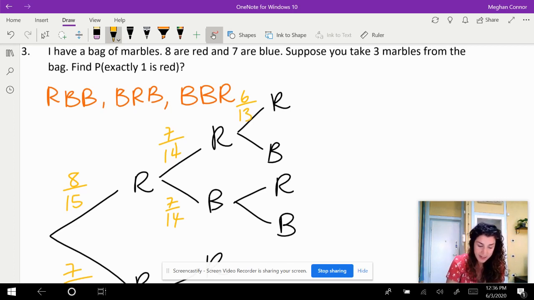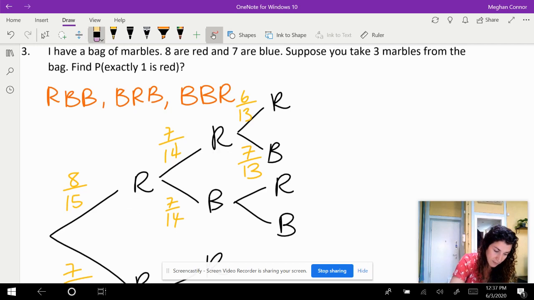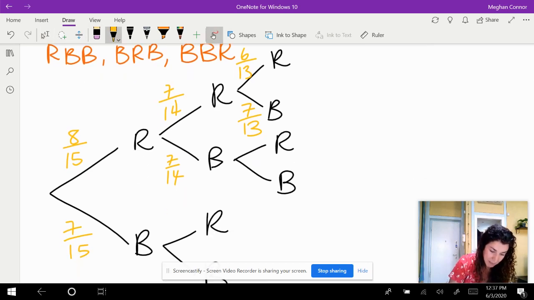If we went red and then red, now we would have still 7 blues out of 13. Versus if we went red and then blue, going back to red, we have 7 out of 13 versus going blue again. Now we would have 6 out of 13 left.